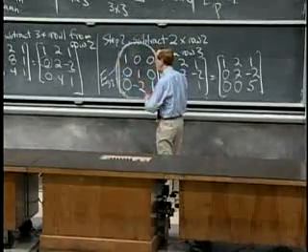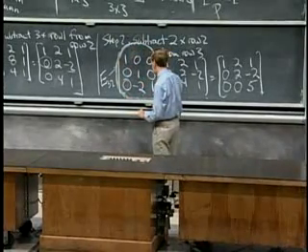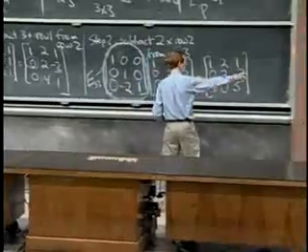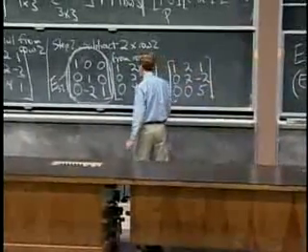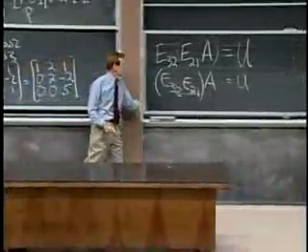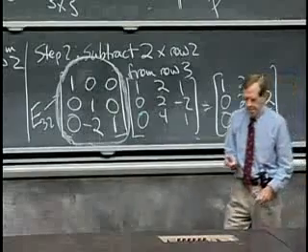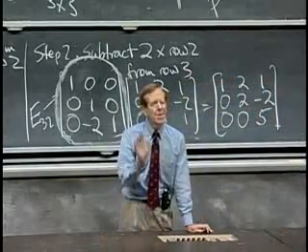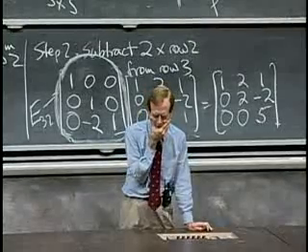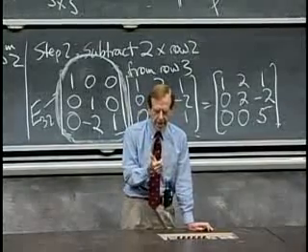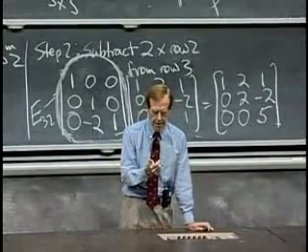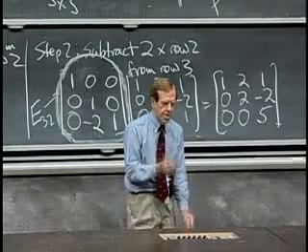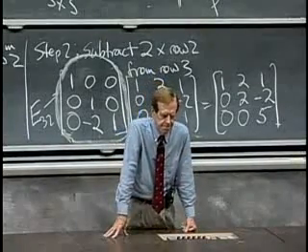And if I multiply those matrices together, E32 and then E21, I'll get a single matrix that does elimination. I don't want to do that. If I do that multiplication, there's a better way to do this.